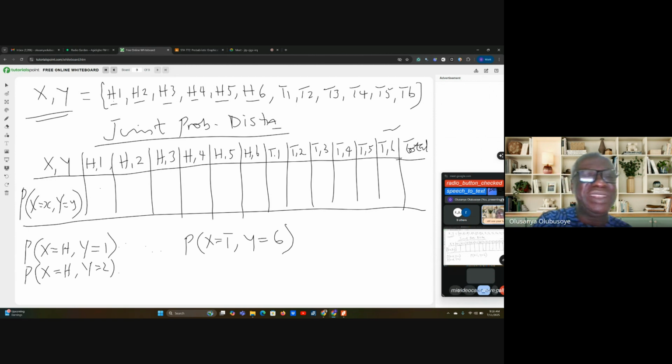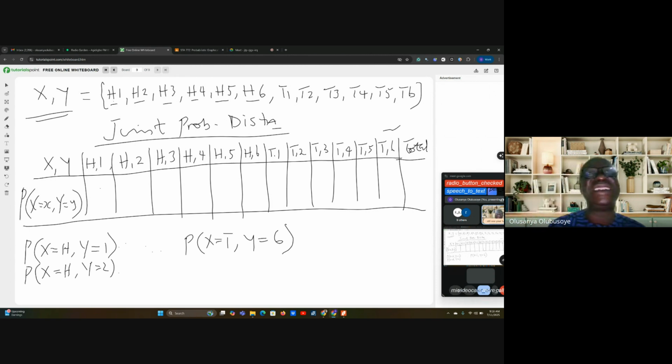Joint probability. So it's the probability of head on the coin and 1 on the die. We are using probability of X and Y. Remember, we are still coming to all of that.